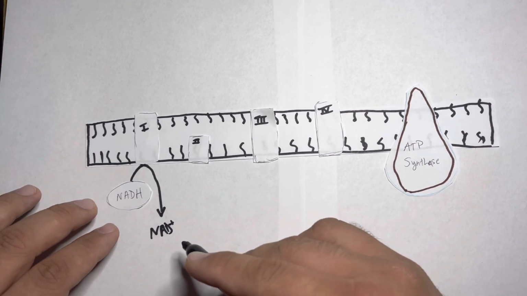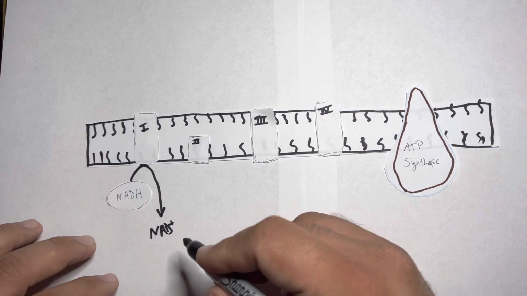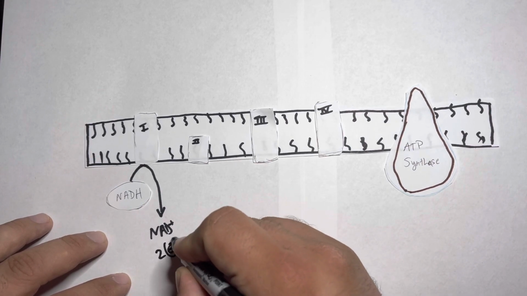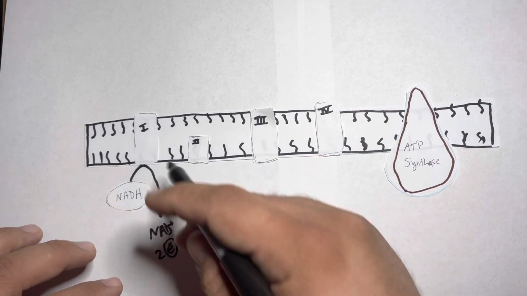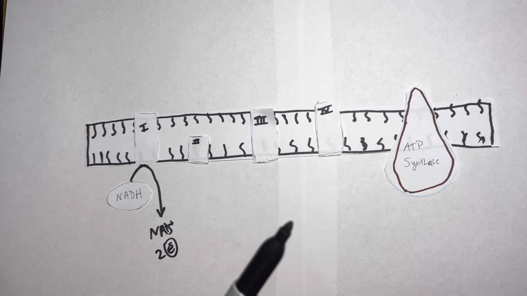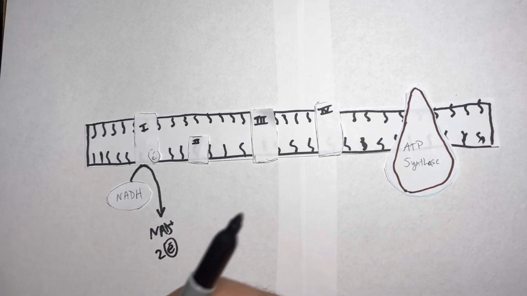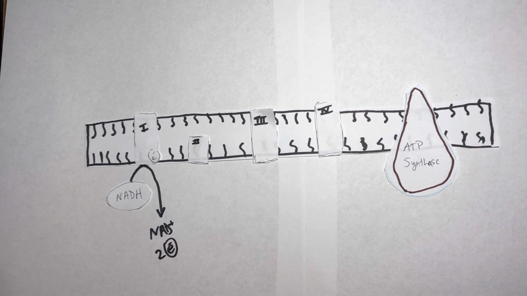With NAD+, what's going to happen is it is going to donate 2 electrons. So those are going to go into the first complex. So there's 1, and there is 2.